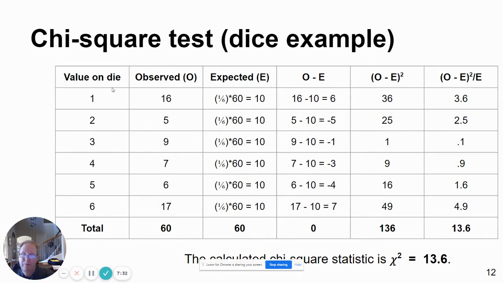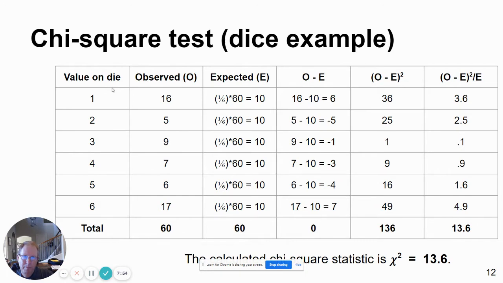With the expected column, you take the sample size 60 and multiply it by the theoretically expected proportion. 1/6 times 60 is 10. So each of my expected counts will be 10. And as you remember, the third condition is that all expected counts must be at least 5, and we have now satisfied that third condition.